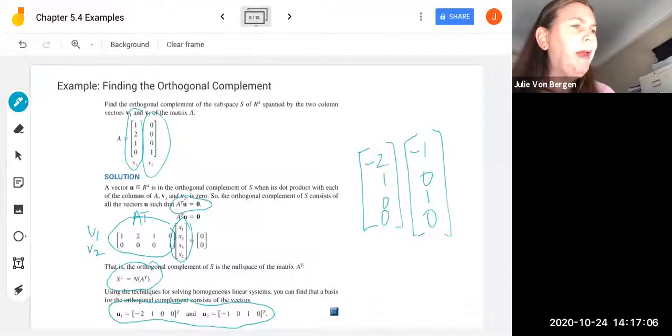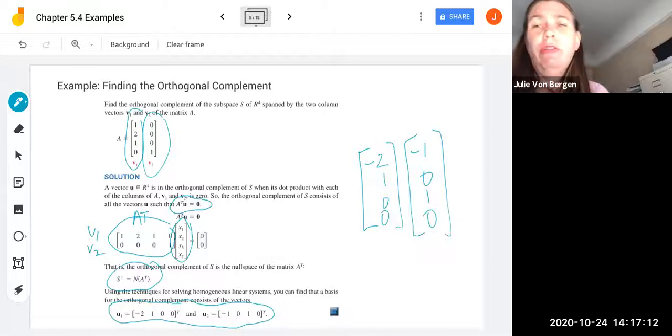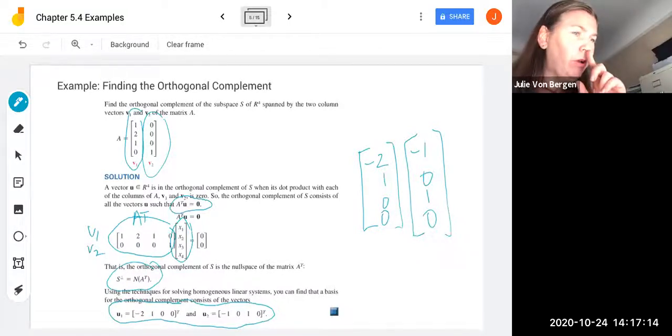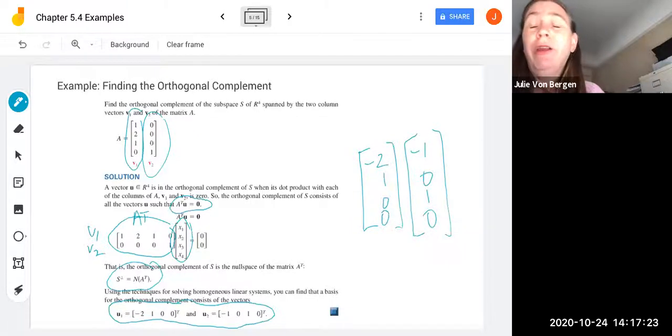Okay, so remember back from, it was actually section 4.6, not chapter 5, the way that we would find the basis for the null space is to take our matrix A, or A transpose in this case, convert it to reduced row echelon form, solve those equations, figure out what the free variables are, our s's and our t's, and then use the coefficients for those s and t to find our basis vectors.